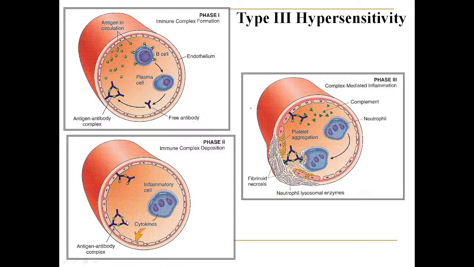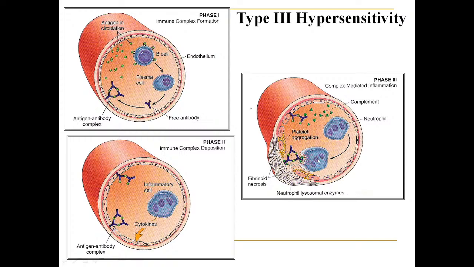Then the presence of immune complexes activates complement activation, like C3a, C5a, that produce pro-inflammatory cytokines. Let's look at this scheme in the last stage.